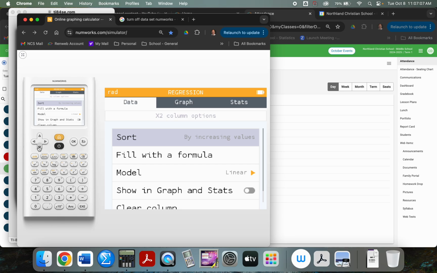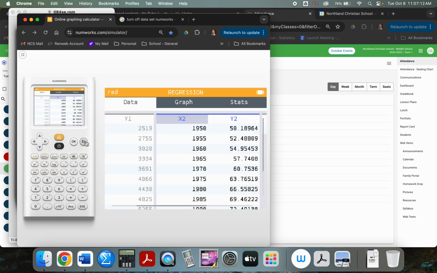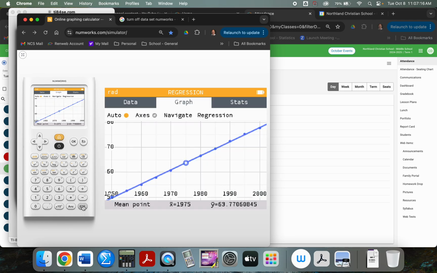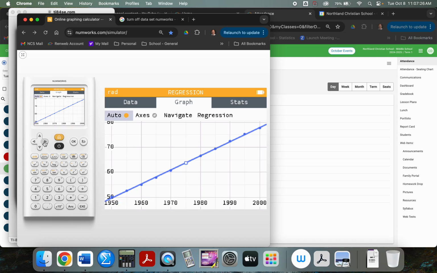Execute, come down. I want to see these now. Graph this. And you're like, okay, that looks pretty linear, but there are still some points above and some below. Let's look at the residual plot.